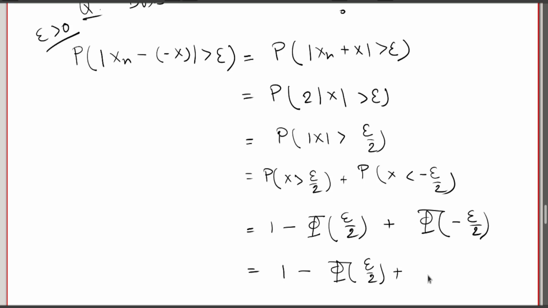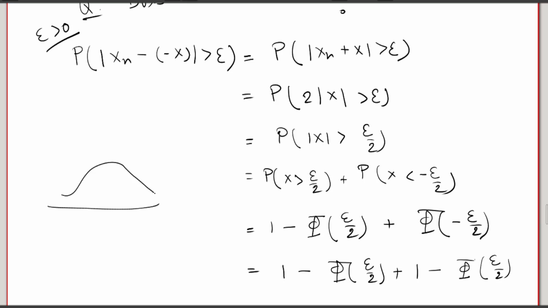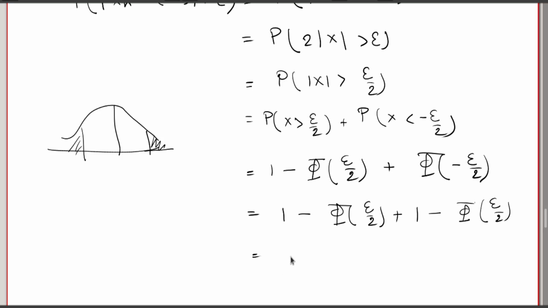This is because of the symmetry about 0: the probability here is the same as the probability here. That's why it can be written as 1 minus the distribution function at this point. So it turns out to be 2 into 1 minus Φ of epsilon by 2. Now note that this quantity does not depend on n, and it is also not equal to 0 for any epsilon greater than 0.